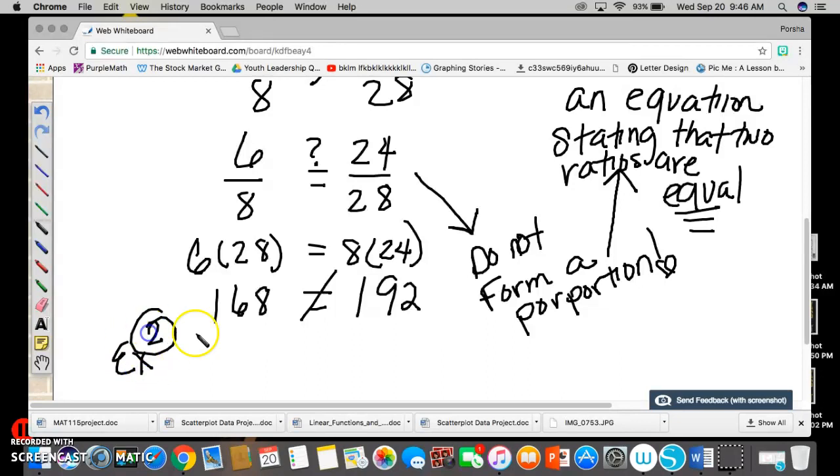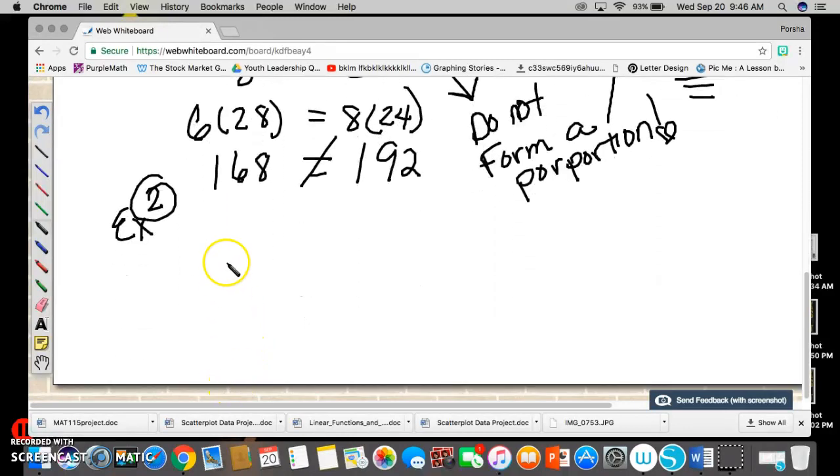Example 2. We're going to solve the proportion, and we're going to write proportions that involve a variable. In order to solve the proportion, we're going to use cross products and the techniques used to solve other equations. Before this, you may have had to solve one and two step equations. That's perfectly fine because that's what we're going to have to do here.